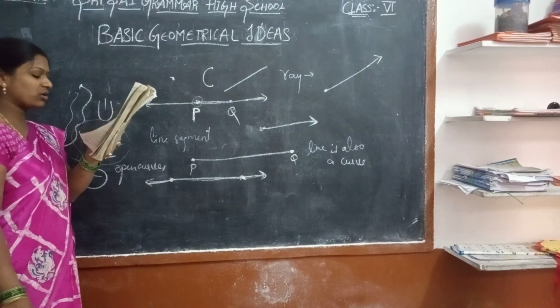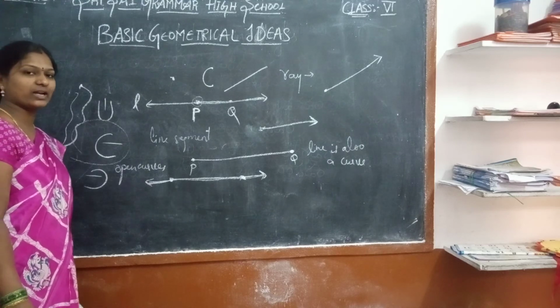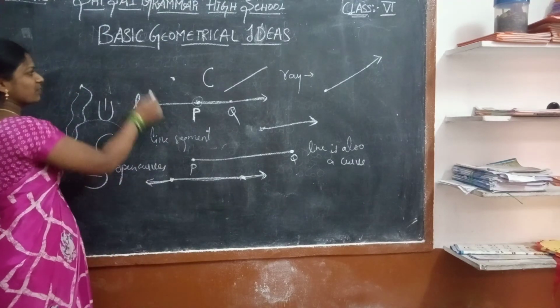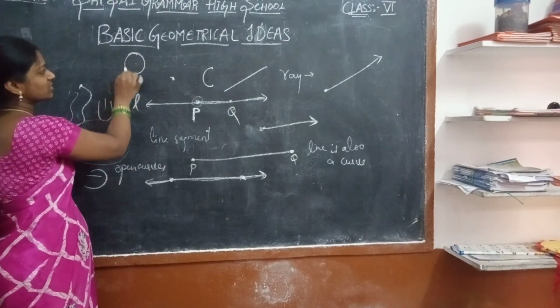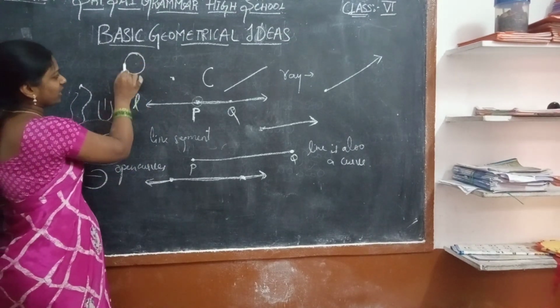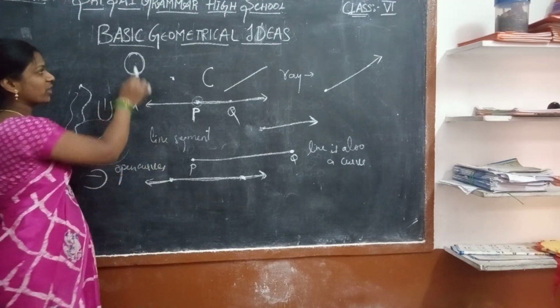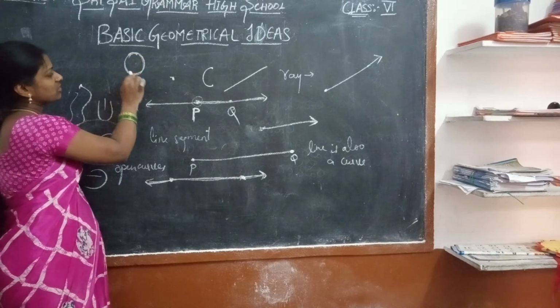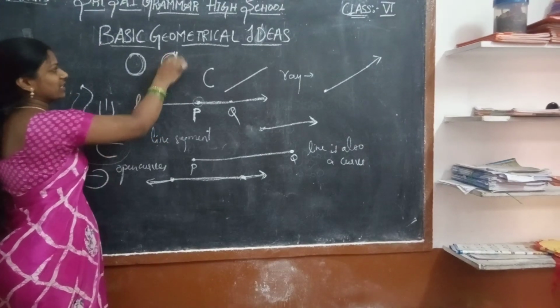Now we see some closed figures also. That is an open curve, and this is a closed curve. The circle is called a closed curve.